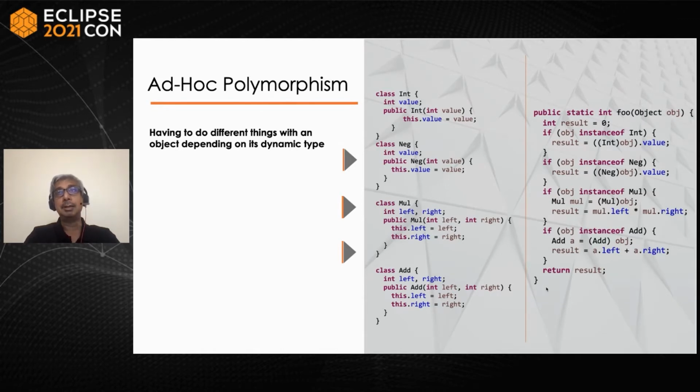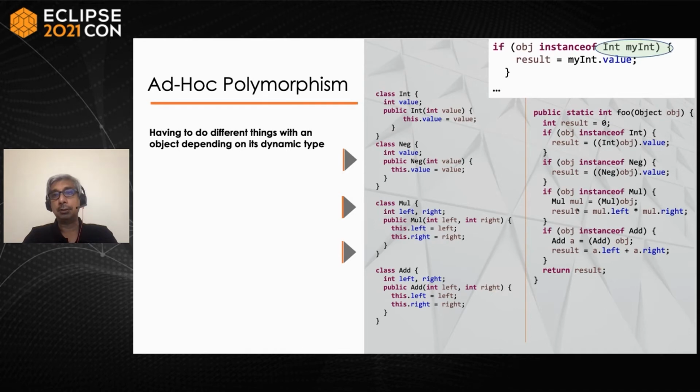This is a classic example of ad hoc polymorphism. There is no specific supertype other than Object, of course. So what is the problem here? The problem is we have to look at the type and use it programmatically. You have to check what kind of type it is, and then take a decision on which control flow it has to take. There could be a slight improvement, of course, with the pattern instanceof, which you should be familiar with.